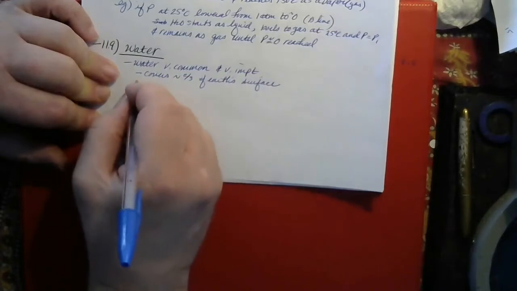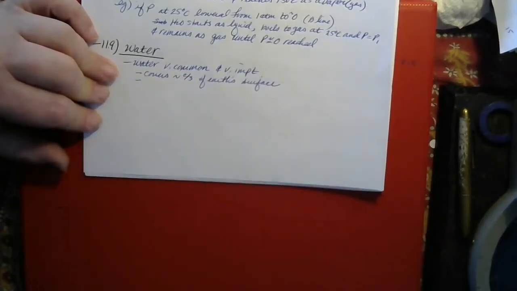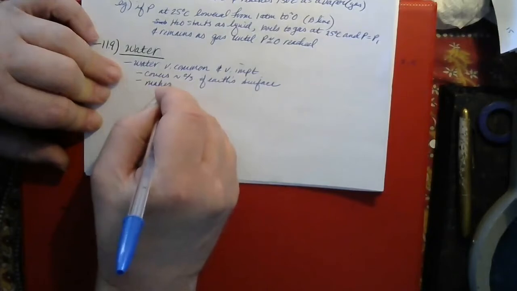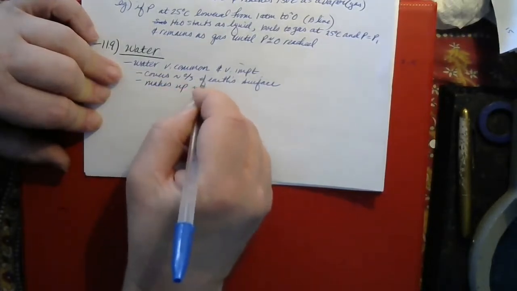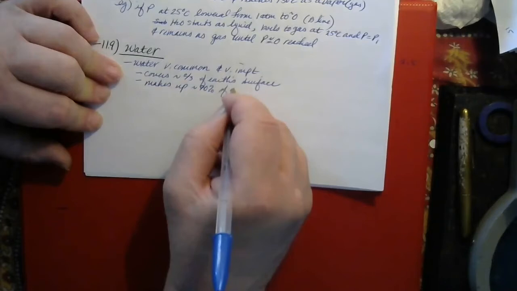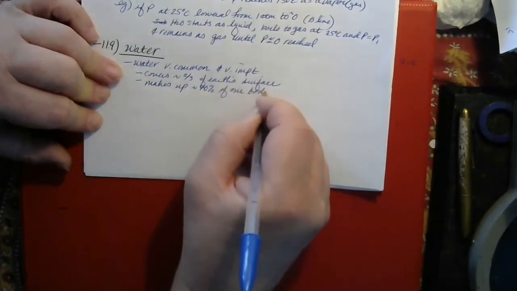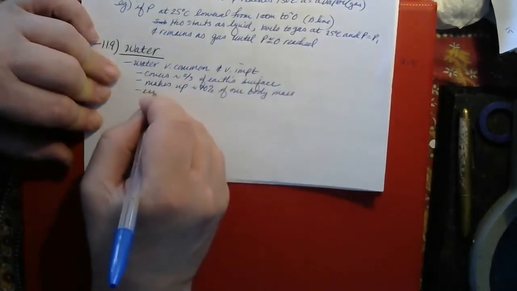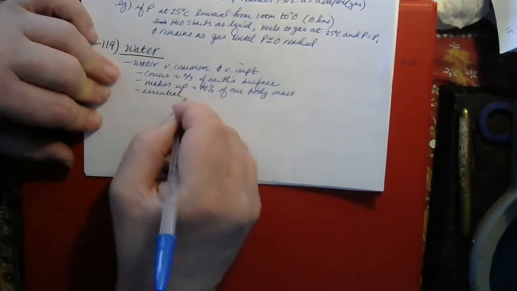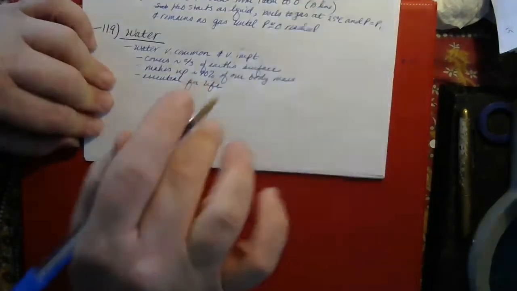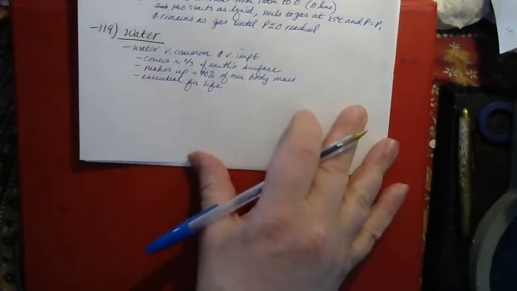Water covers something like 2/3, maybe even a little more of the Earth's surface. It makes up something like 70% of our body mass. It's totally essential for life as we know it. No liquid water, no life.